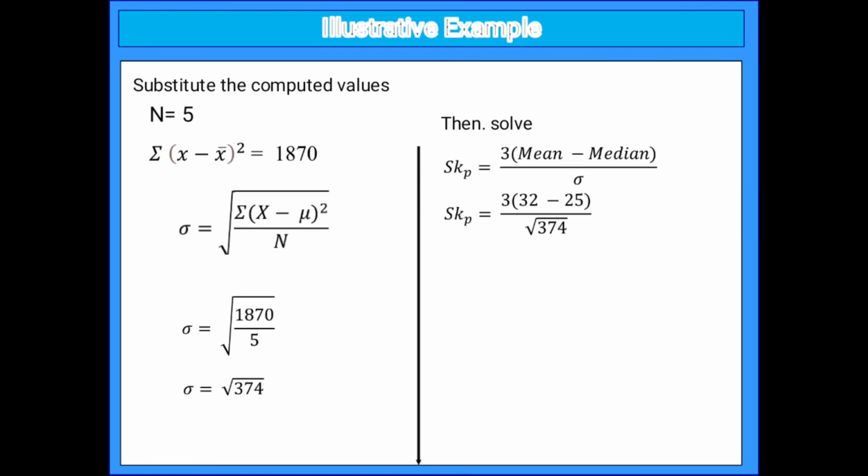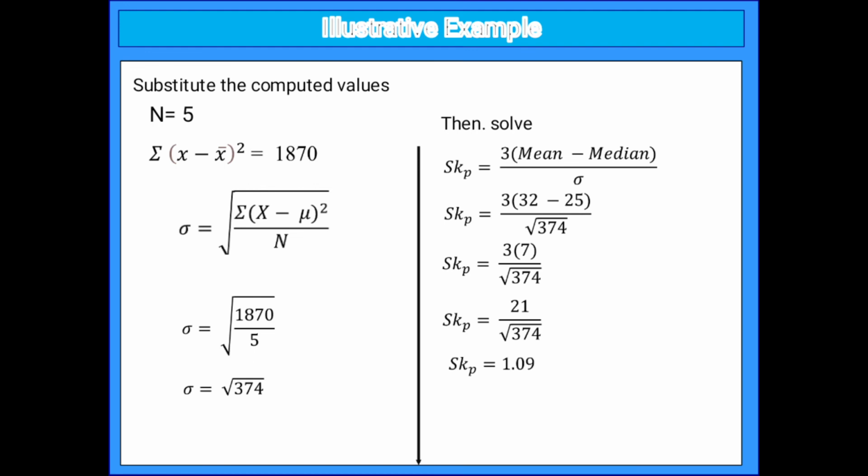Our mean is 32, and when you go back to our distribution, you can get the median value, which is 25. So we have 3 times the quantity 32 minus 25 all over the square root of 374. So 32 minus 25 is 7, and 3 times 7 is 21. So we need to divide it by the square root of 374.